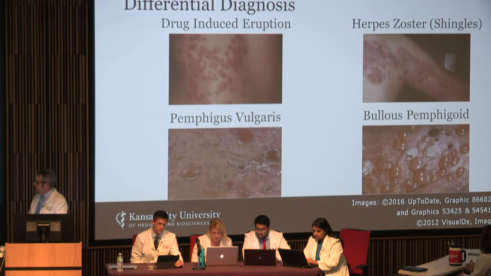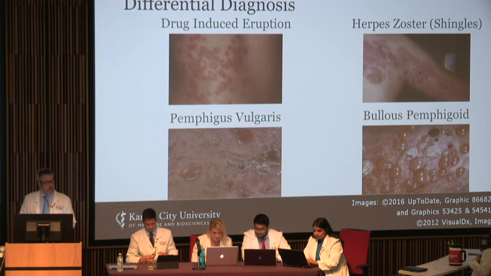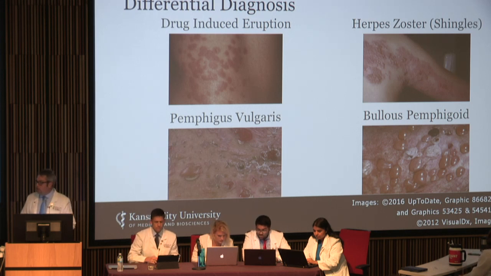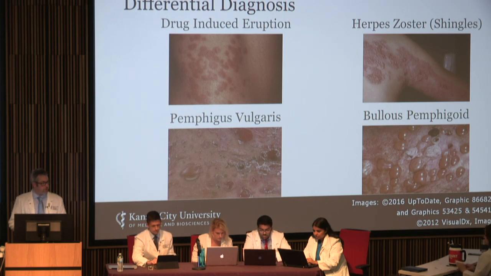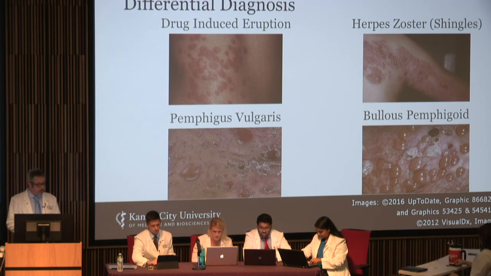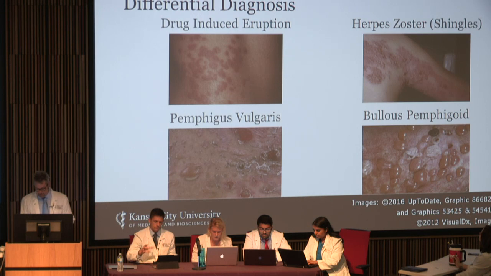With our testing complete, that brings us back to our differential diagnoses, and we can begin to rule these out at this point. So we can rule out a drug-induced eruption as the cause of our patient's blistering rash due to the fact that her medication and adherence to said medications has not changed, and also the lack of systemic symptoms.